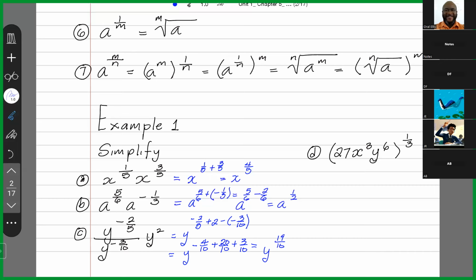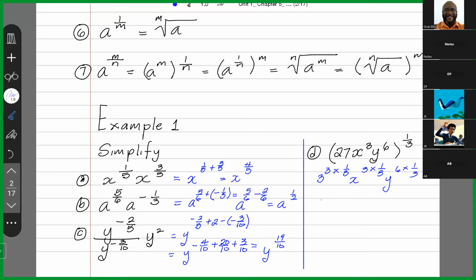So D now, the power inside the bracket, we're using that law. The power inside the bracket is multiplied by the power outside the bracket. So 27 is the same as saying 3 cubed times 1/3, x cubed times 1/3 and y to the 6 times 1/3.